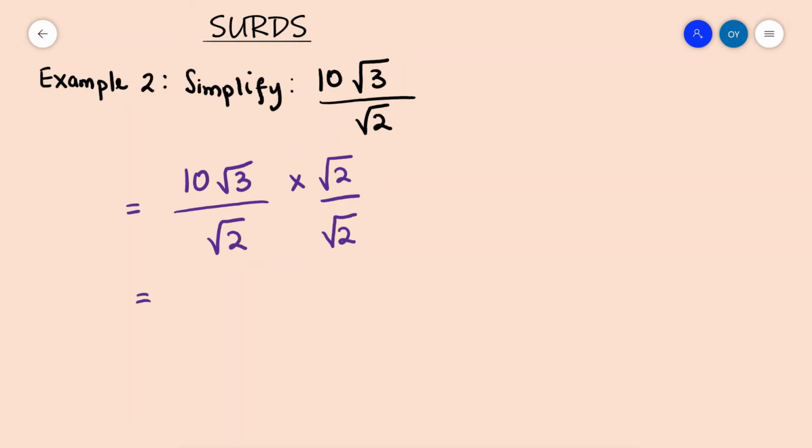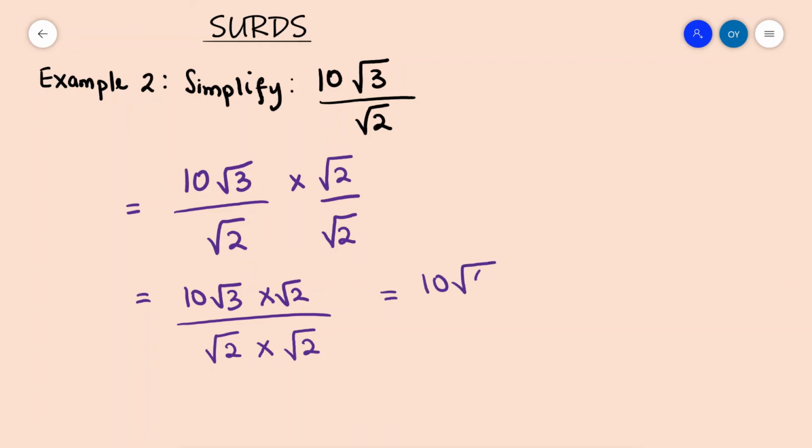So we have 10 root 3 multiplied by root 2 over root 2 multiplied by root 2, and this is 10 root 6. Root 3 times root 2 is root 6, then divided by root 2 times root 2, that is root 4.